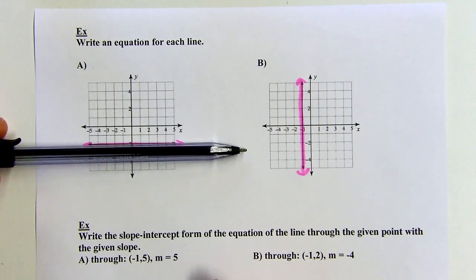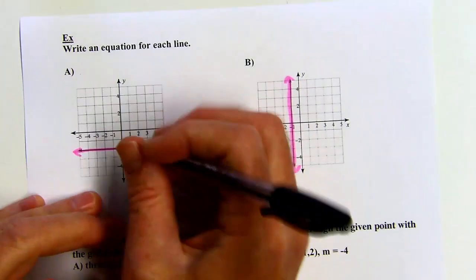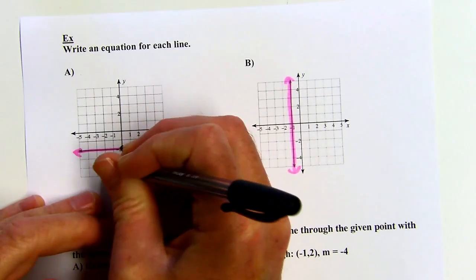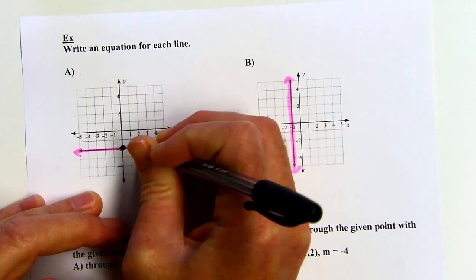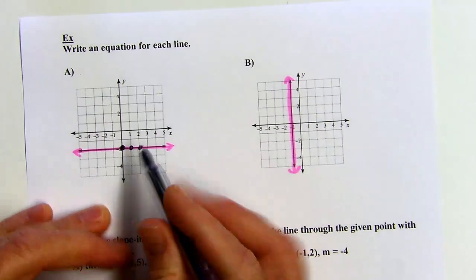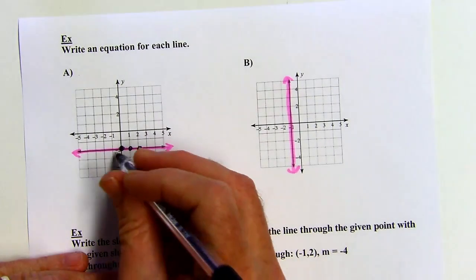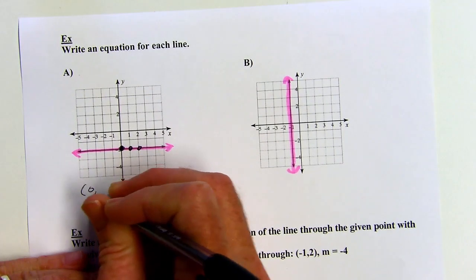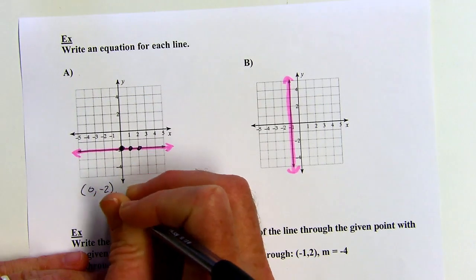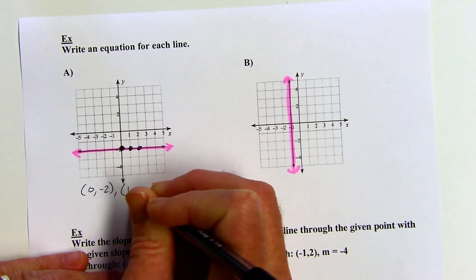Okay, so here's how you can do it. If you look at the ordered pairs, if you think about all of those points, I'm just choosing a few random points on this line. Well, let's think about the coordinates of those points. I've got 0, -2. I've got 1, -2.